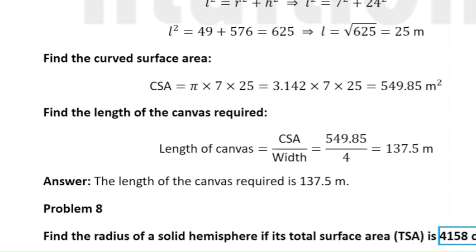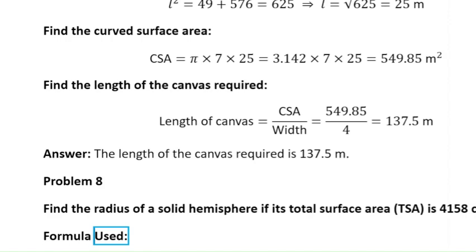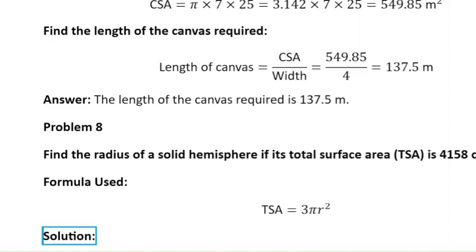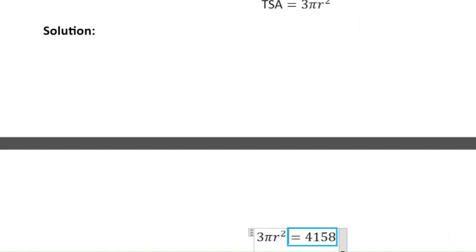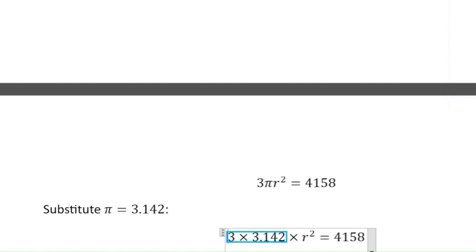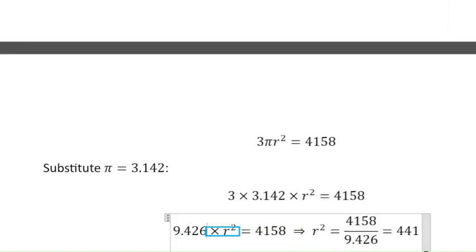Problem 8. Find the radius of a solid hemisphere if its total surface area, TSA, is 4,158 square centimeters. Formula used: TSA equals 3 pi r squared. Solution. 3 pi r squared equals 4158. Substitute pi equals 3.142. 3 times 3.142 times R squared equals 4158. 9.426 times R squared equals 4158 implies R squared equals 4158 over 9.426 equals 441.